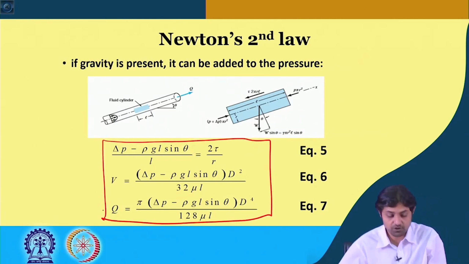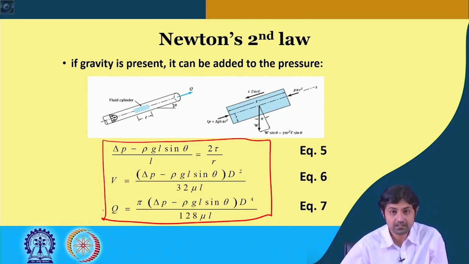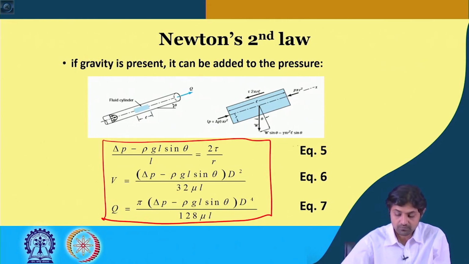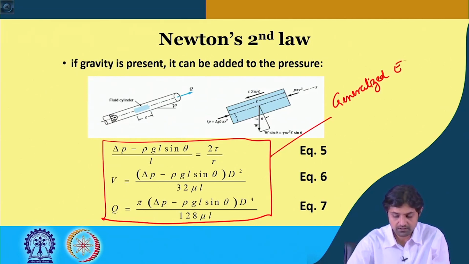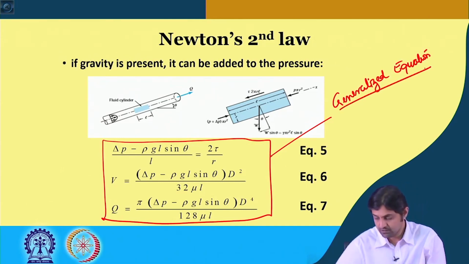At least Poiseuille's law you should remember, that is quite important, with or without the change in angle, whether gravity is there or not with the sloping pipe. So, these are the generalized equations.